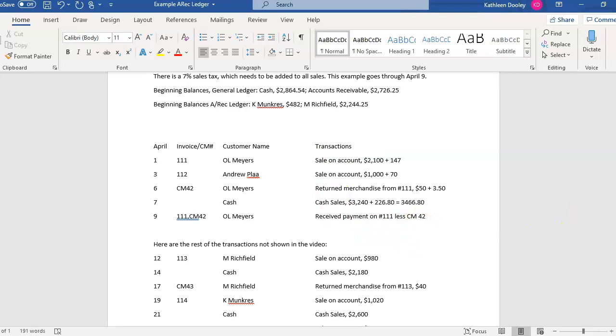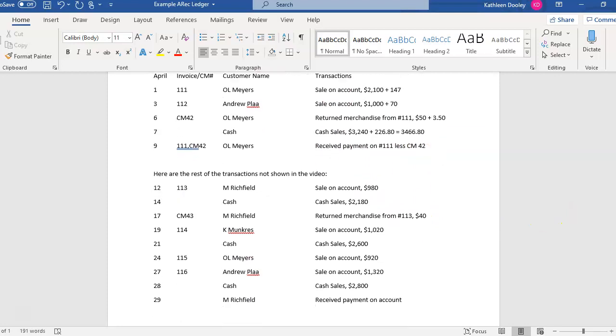You have to remember the sales tax, put in your journal entry, post it to the subsidiary and general ledgers, and when you're done at the end of the month, you would do a schedule of accounts receivable and make sure it equals. Okay, so you should be able to use this to complete your homework problem for Chapter 10.